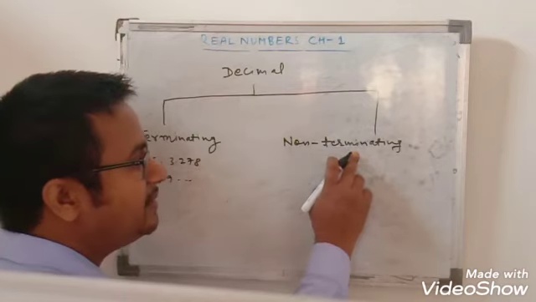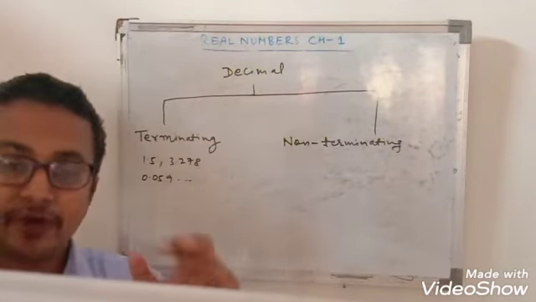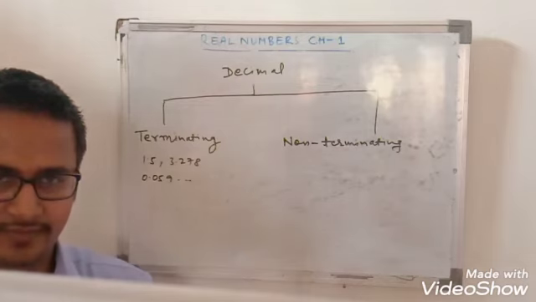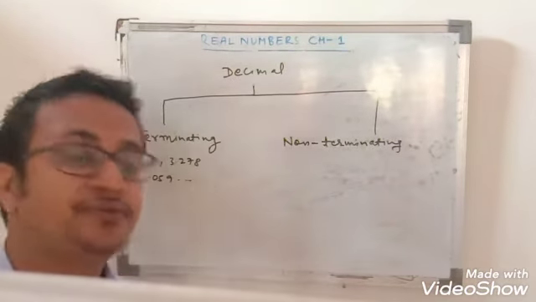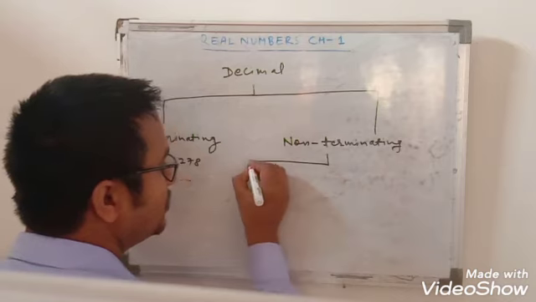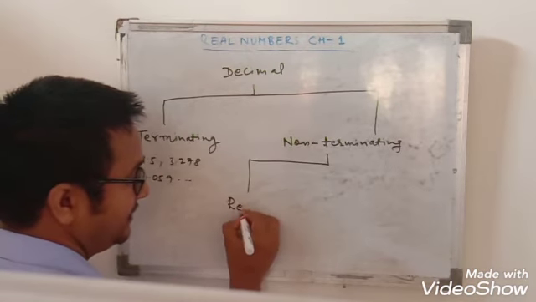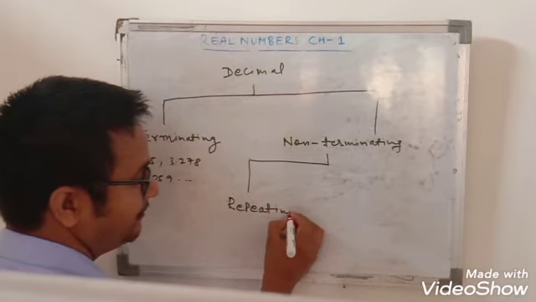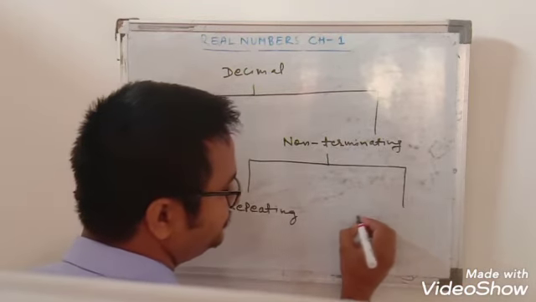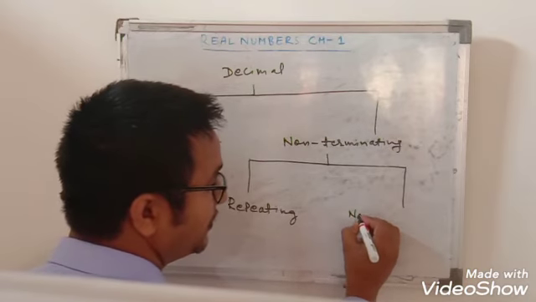Non-terminating means the decimal expansion which after the point goes on continuously. But non-terminating is also divided into two parts: one is non-terminating repeating, and another is non-terminating non-repeating.